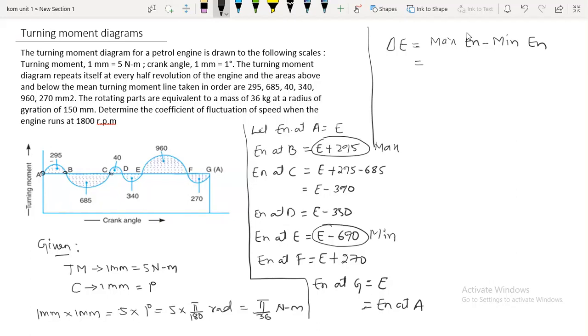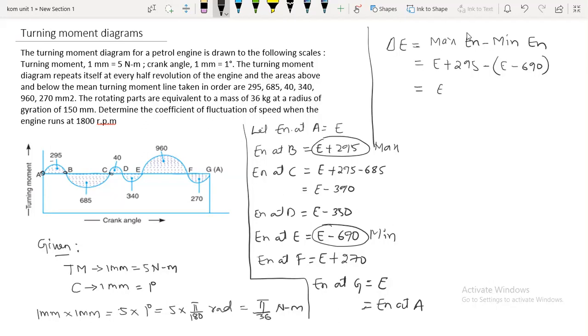If I subtract these two, I get delta E equals E plus 295 minus E minus 690.